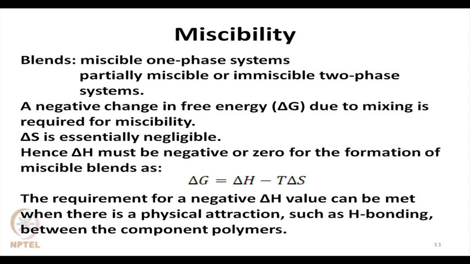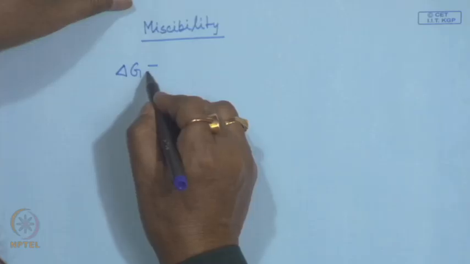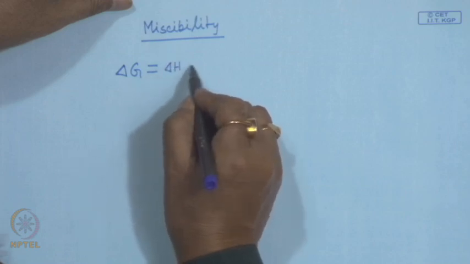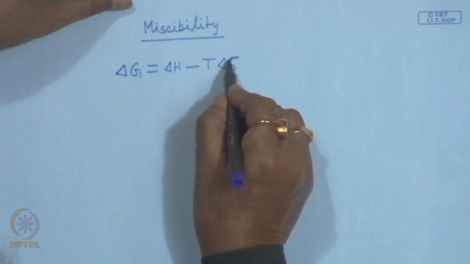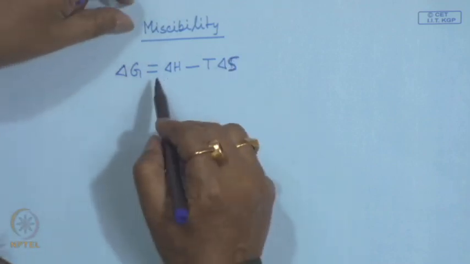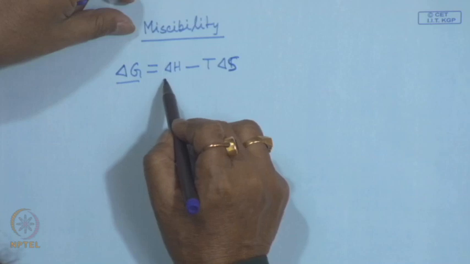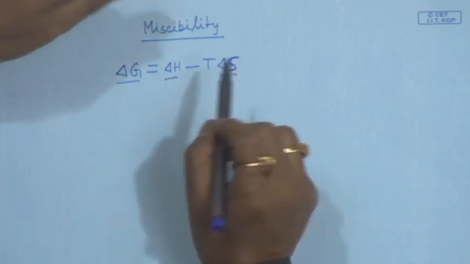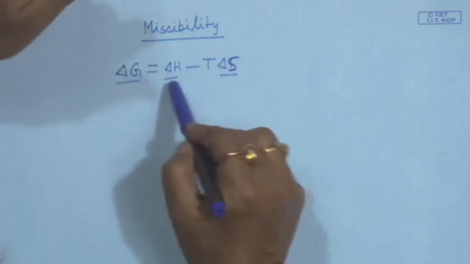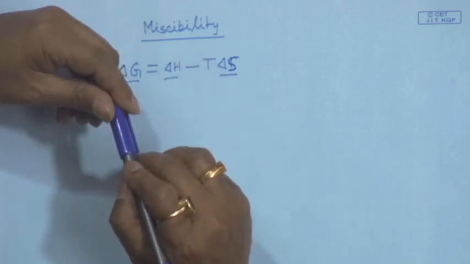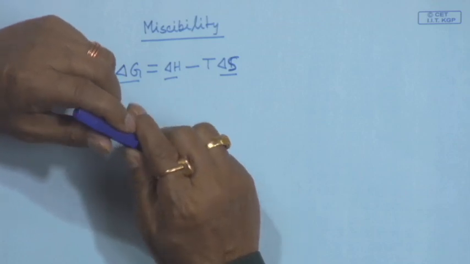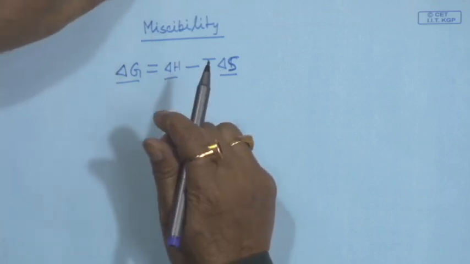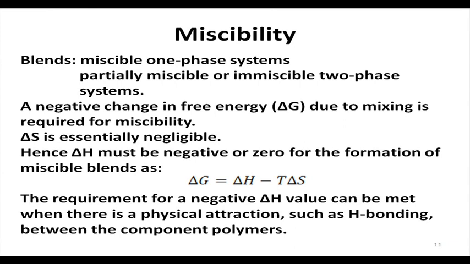In that case, we must consider the famous equation, delta G is equal to delta H minus T delta S, where delta G is the free energy of mixing, delta H is the enthalpy change or heat of mixing, delta S is the entropy of mixing, and T is the absolute temperature. Now, here delta S is essentially negligible.